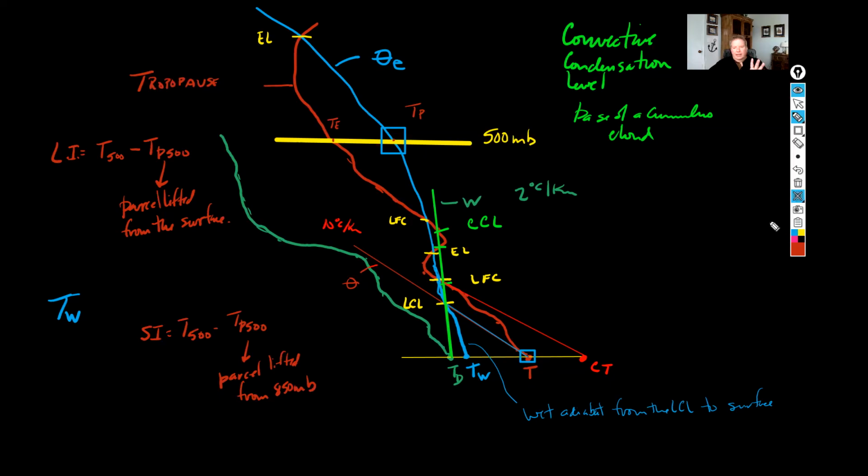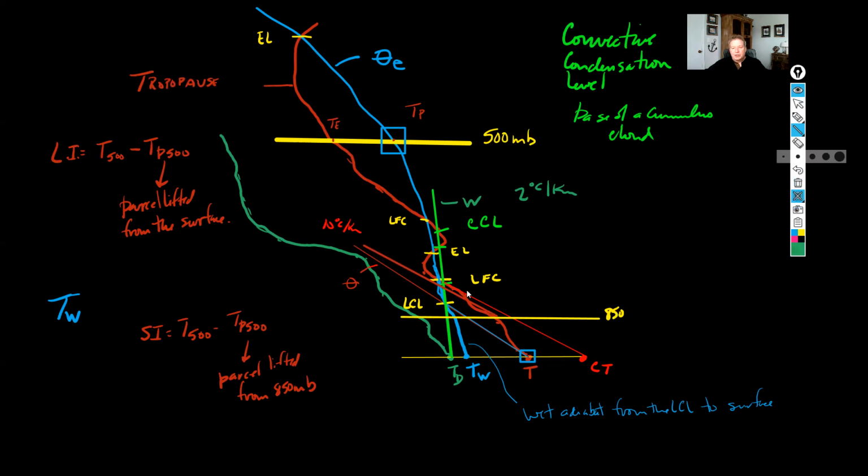Okay, now it's going to get a little bit messy. All right, so watch this. I'm going to take a straight line, and I'm going to say, let's say that this is 850. The temperature of the parcel is in red, and I would go up dry adiabatically from here. Draw in a dry adiabat.